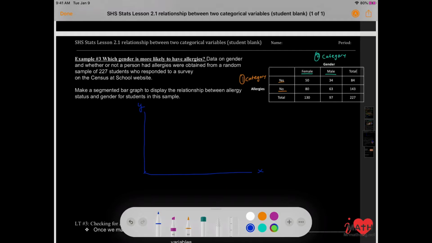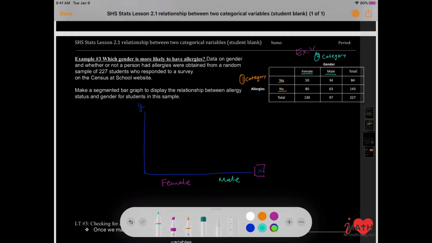Our explanatory variable is gender. The gender might tell us about allergies. Allergies will not tell us or explain to us about gender. Okay, so I'm going to write down here female and male.